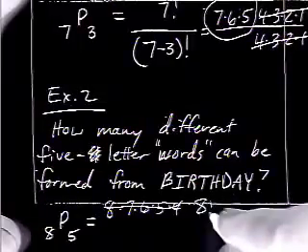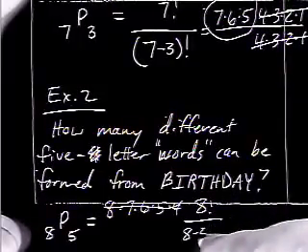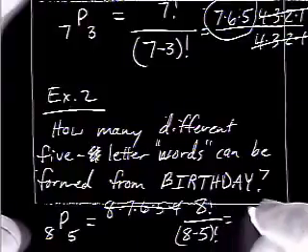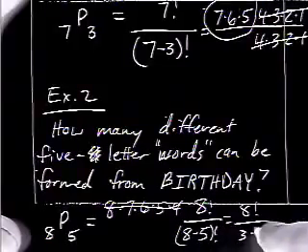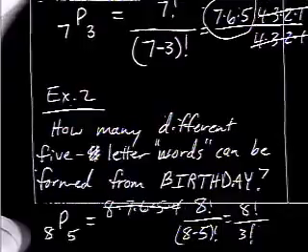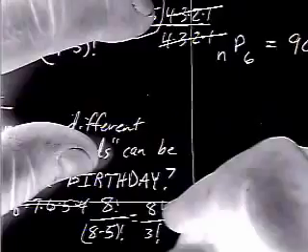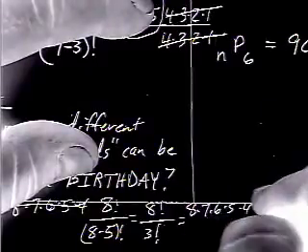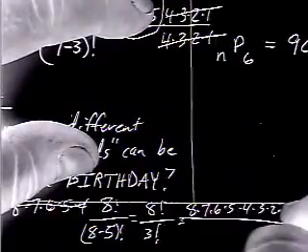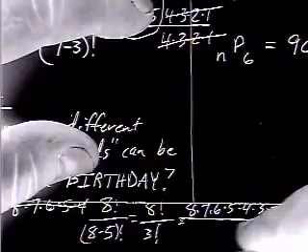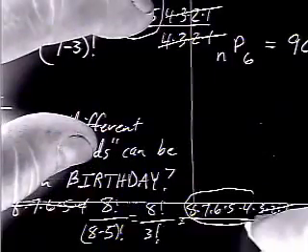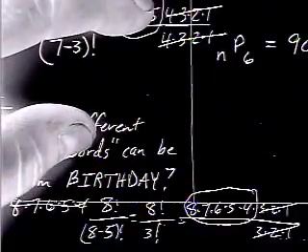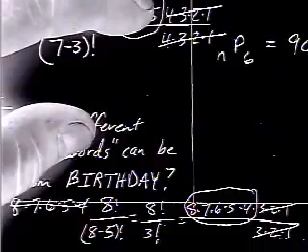I should write it out this way. 8 factorial over 8 minus 5 factorial, which is 8 factorial over 3 factorial, which is 8 times 7 times 6 times 5 times 4 times 3 times 2 times 1 over 3 times 2 times 1. Boom. So we really have 8 times 7 times 6 times 5 times 4.